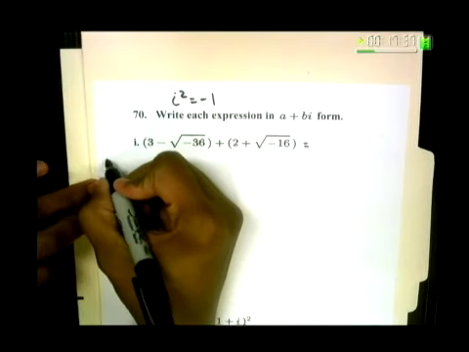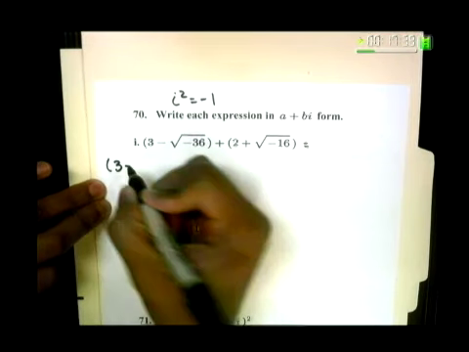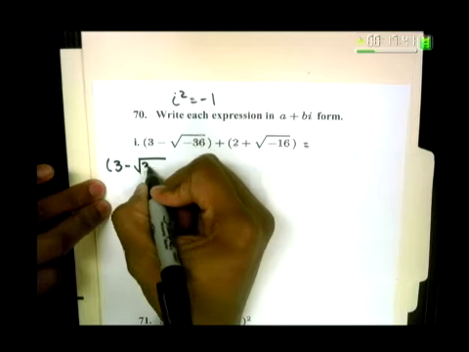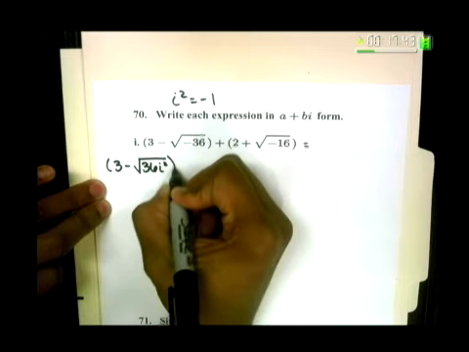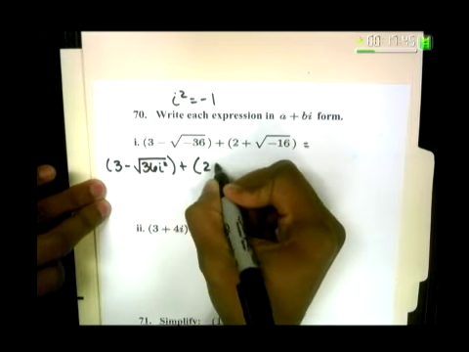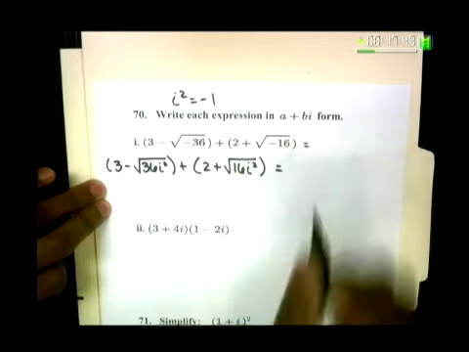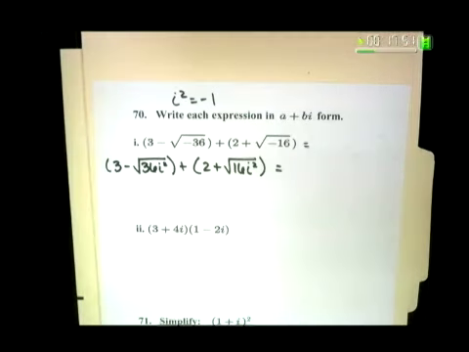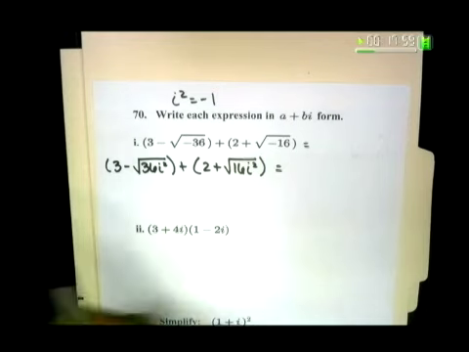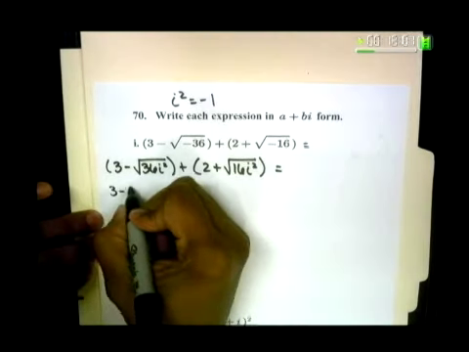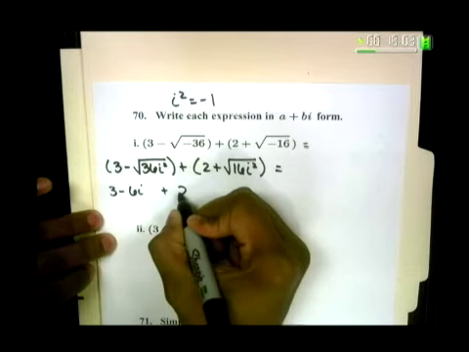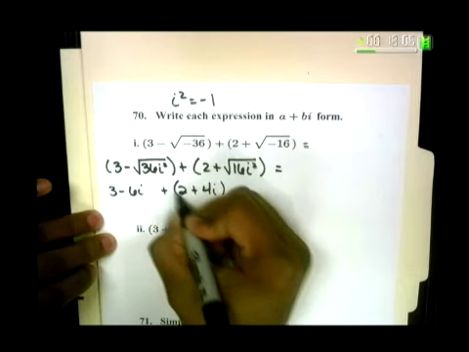So we can rewrite this as 3 minus the square root of 36 i squared plus 2 plus the square root of 16 i squared. Now we can take the square root and we have 3 minus 6i plus 2 plus 4i.